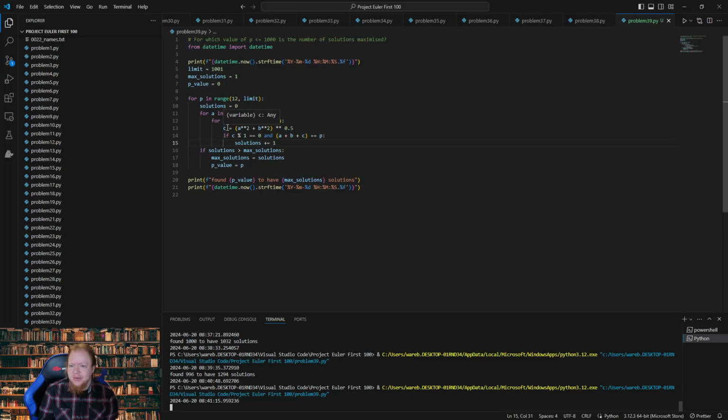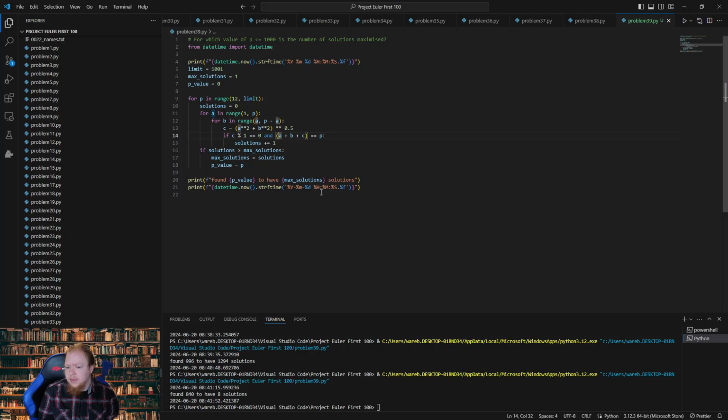And then I suppose there could be, well, I don't think there can be a different C. These might be unnecessary parentheses. We'll find out. Or, well, it doesn't really matter. Okay, so we found 880 to have 8 solutions, which sounds like a much more reasonable number.